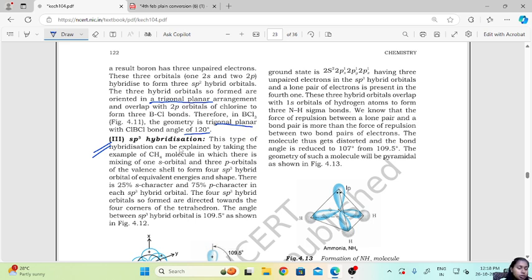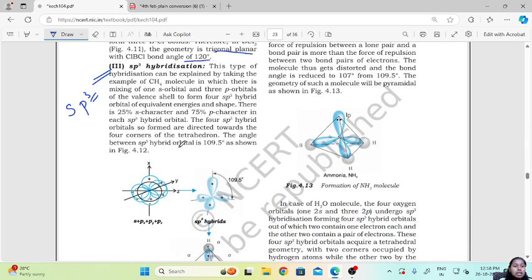Here, with those two examples, you can clearly state that you will have one s orbital and three p orbitals. The example taken here is CH4, that is methane. So here carbon will become your central atom.